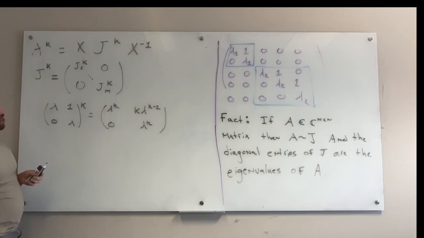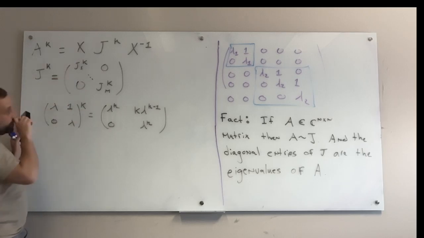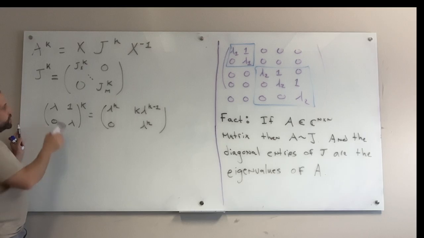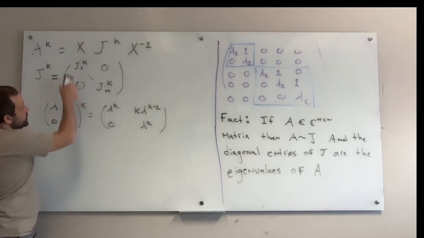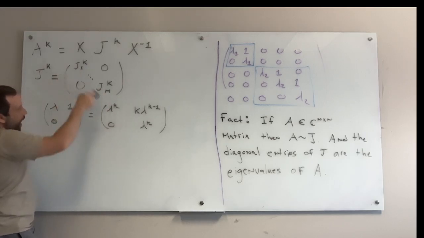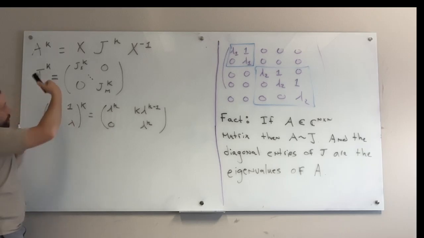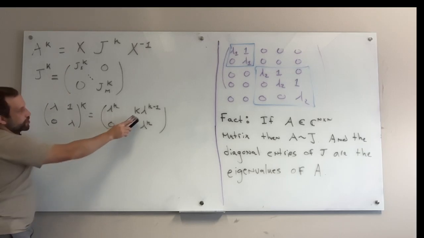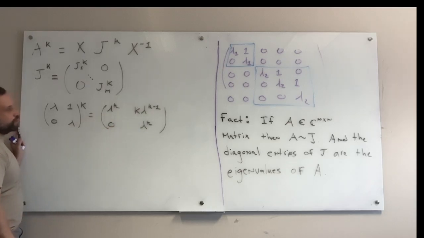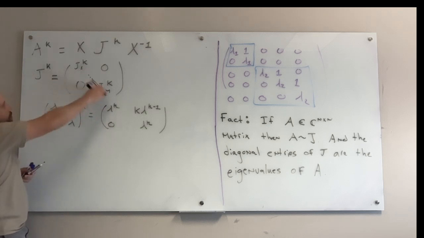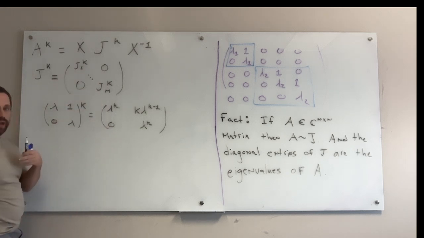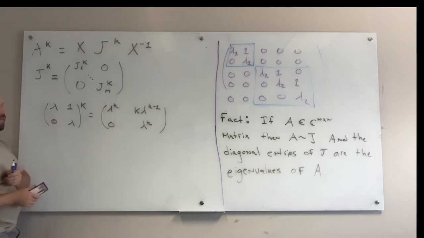Okay, so what this tells us then is when we raise this Jordan block to the power of k, if these are all 2 by 2 matrices, then we know that the diagonal of this matrix is all going to be the diagonal to the power of k. And the thing above the diagonal is just going to be this k times lambda to the power of k minus 1, or it's going to be equal to 0, because everything on the super diagonal of the Jordan matrix is either a 1 or a 0.